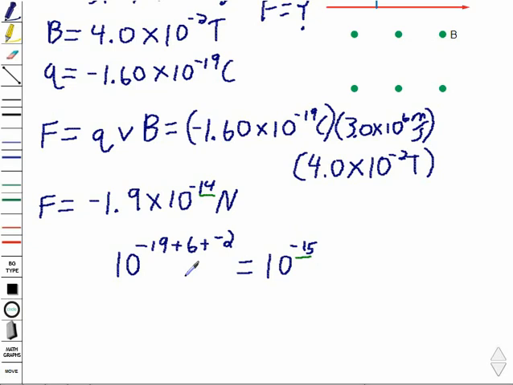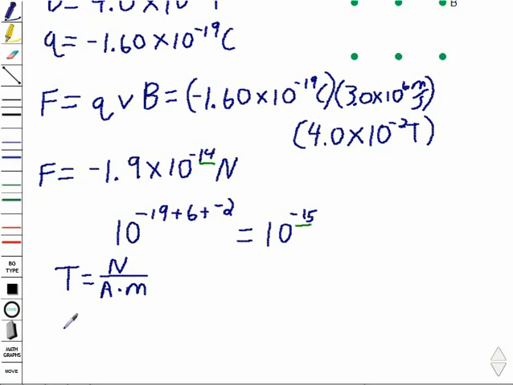And then our units, a Tesla is equal to a Newton divided by an ampere times a meter, and an ampere is equal to a coulomb per second.